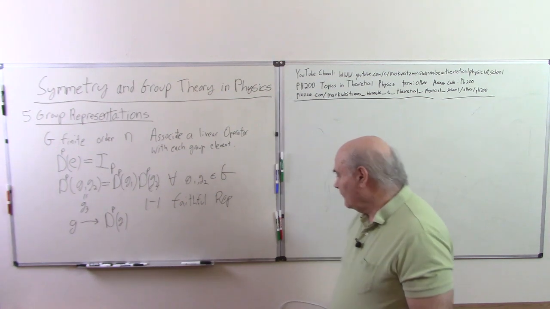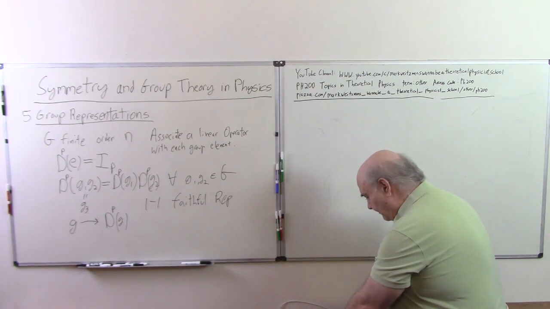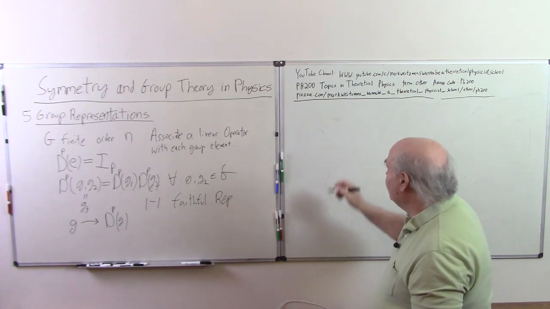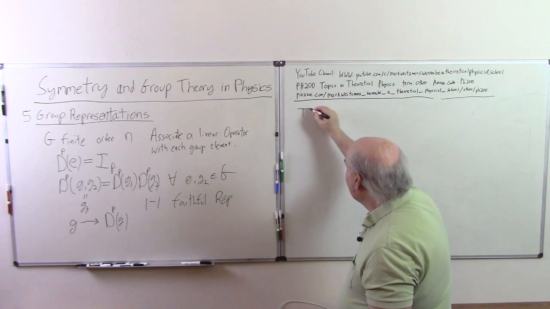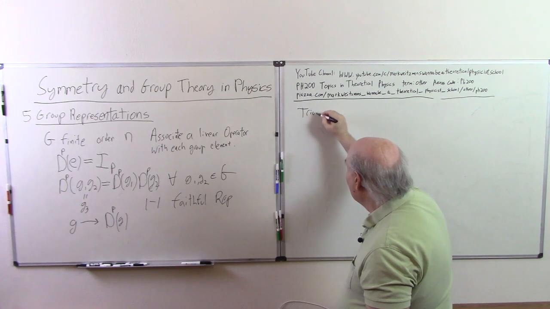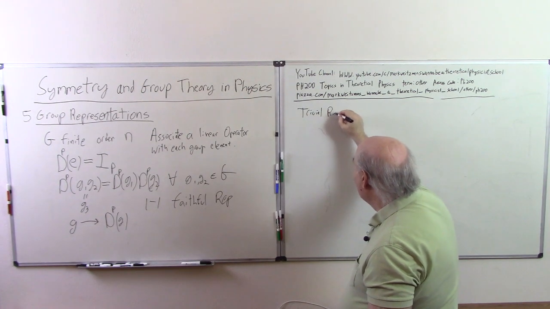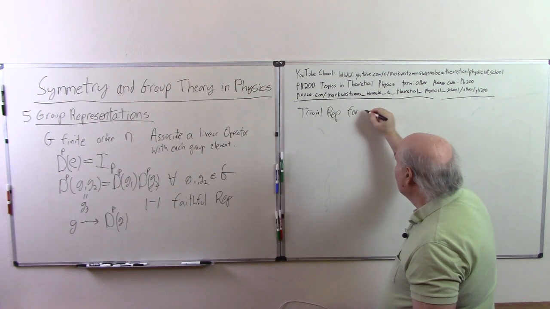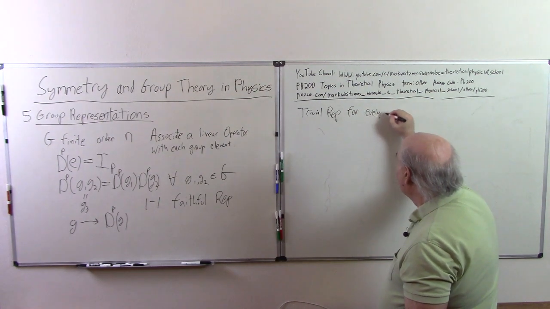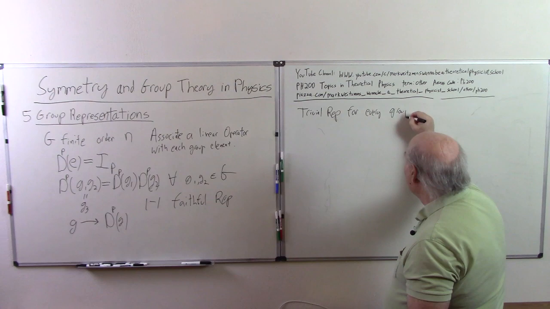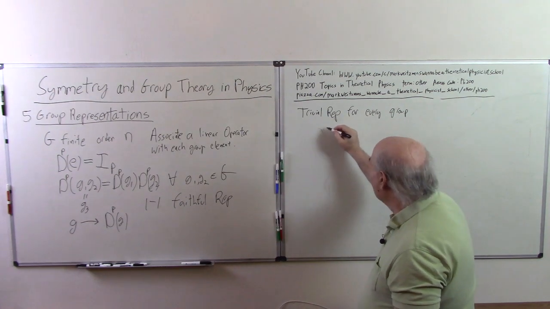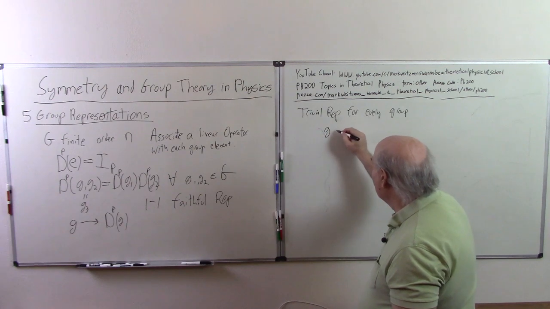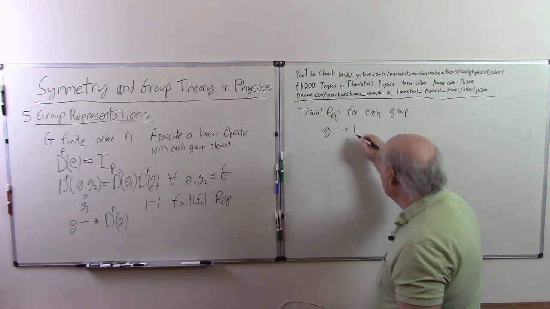So let me start giving you some simple examples. For instance, the easiest one is the trivial representation, which exists for every group. It simply says that every group element G maps to 1.